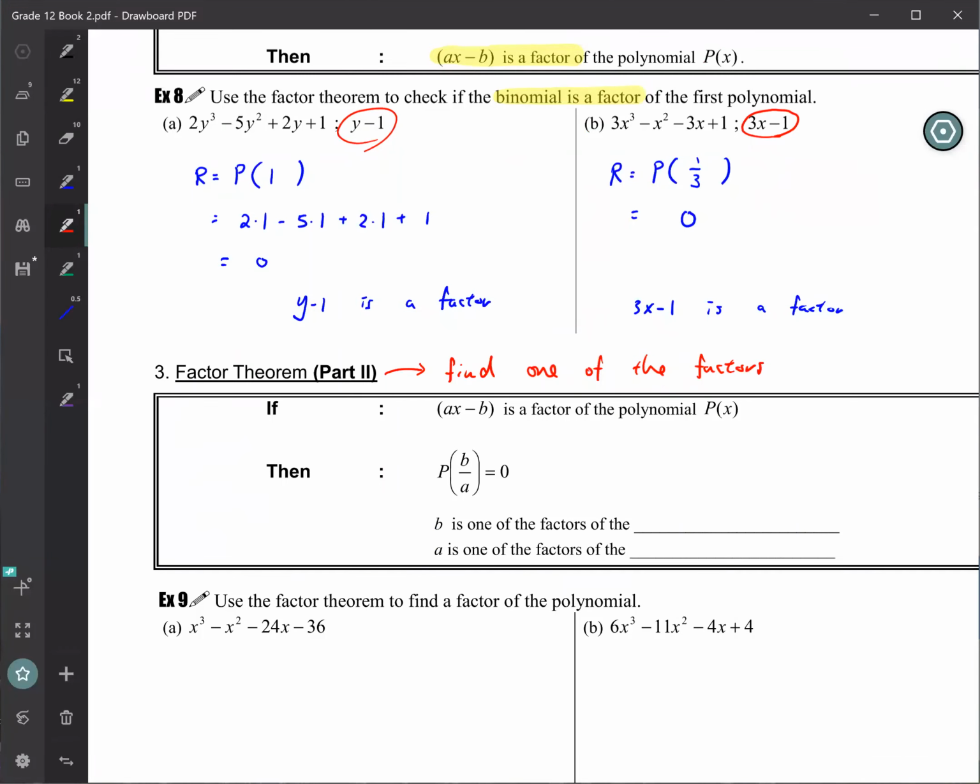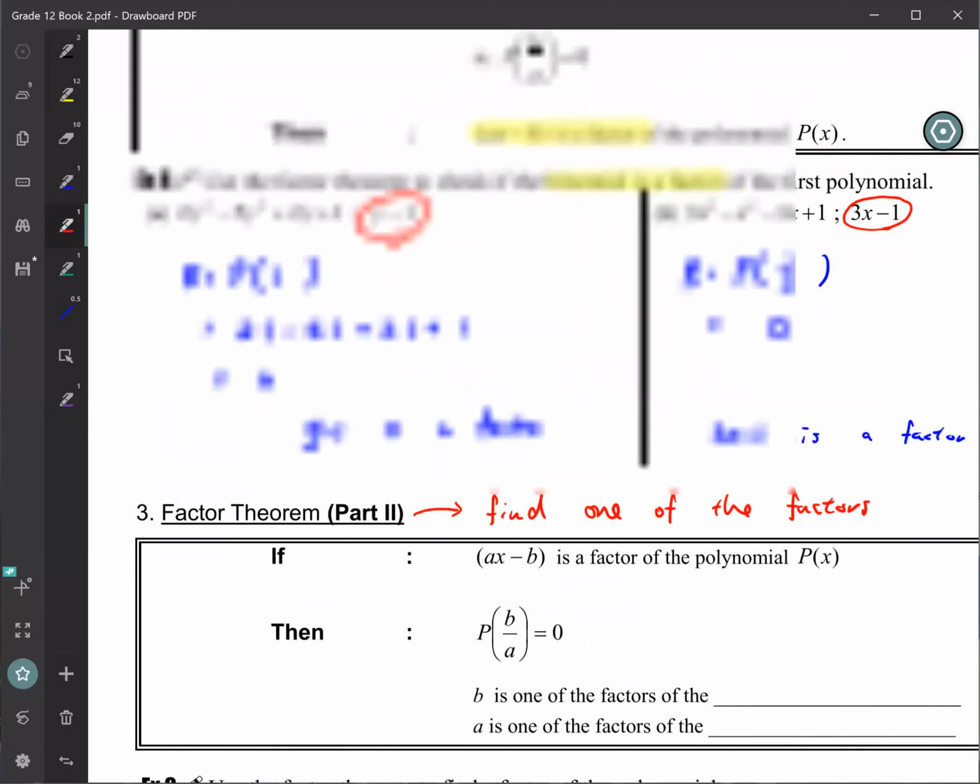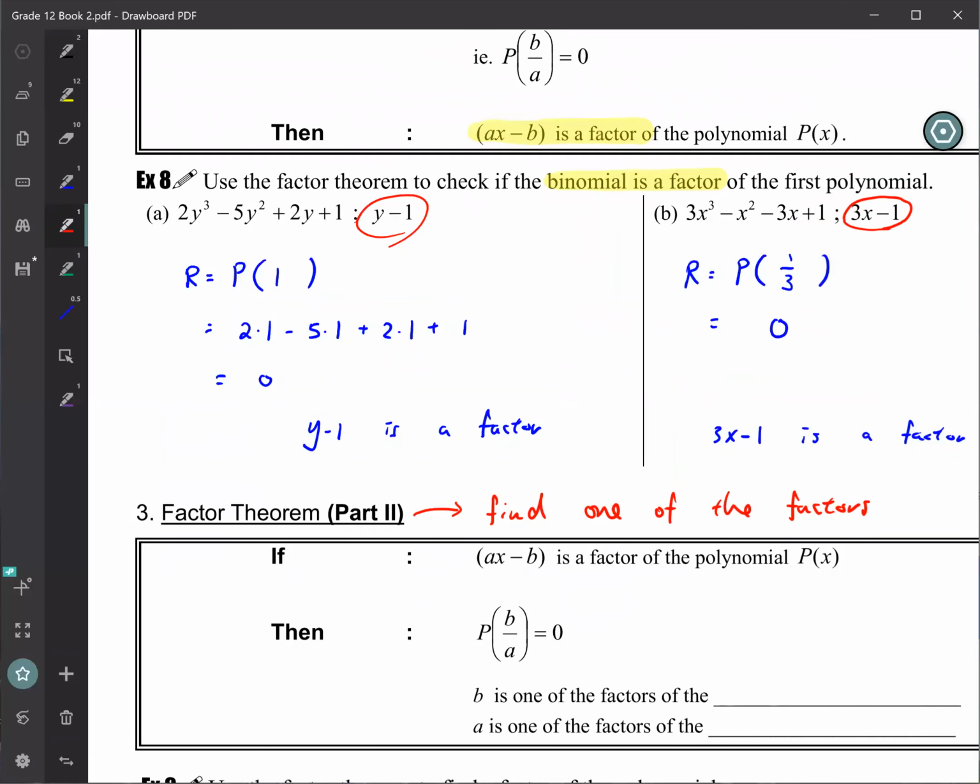Like over here on the top, we know y minus 1 is a factor, but how do I know y minus 1 is the one? Why not y plus 2? So we need a way to find one of them.